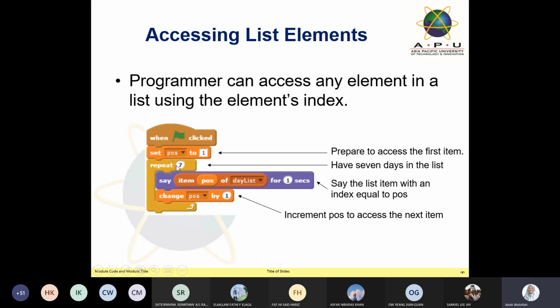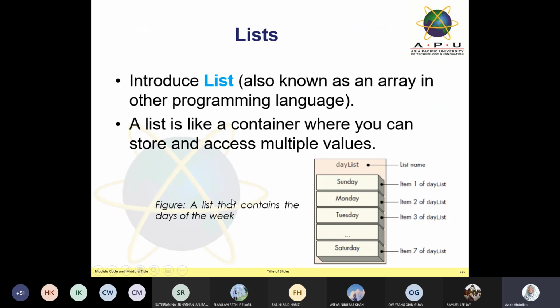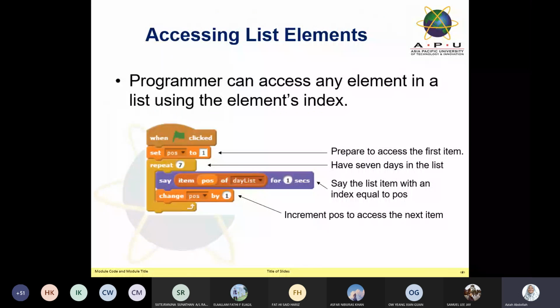And then you say repeat 7, and then you say item pos of day list. So we know the day list was this one: Sunday, Monday, Tuesday, Wednesday, Thursday, Friday, and Saturday. And then you change pos by 1. You already know how it works.